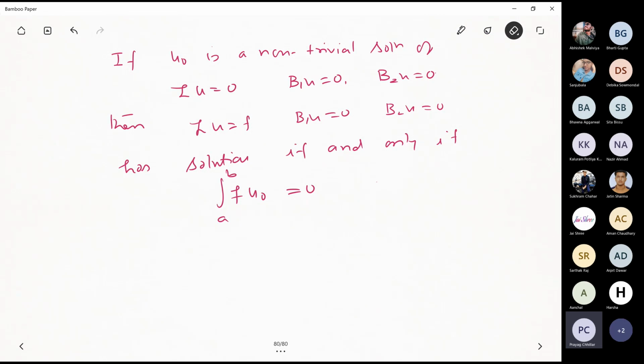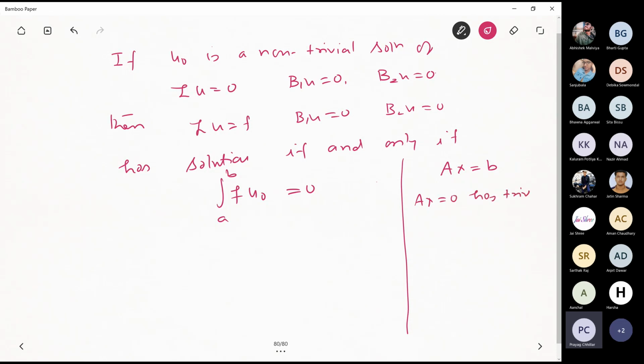This is the same as what we saw in the case of matrices. If you take Ax equals b, and A is a non-singular matrix, then you have a unique solution. Non-singular means that Ax equals 0 has only the trivial solution. That is, Ax equals 0 has only the trivial solution if and only if A is non-singular, as we saw in the previous theorem.